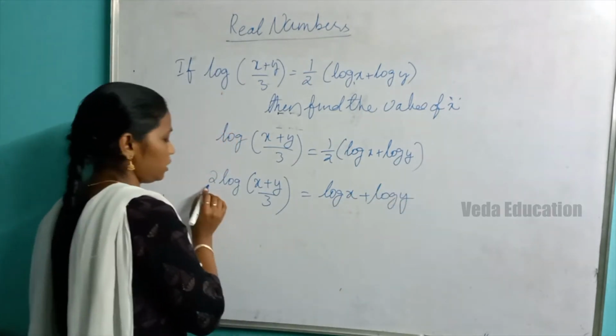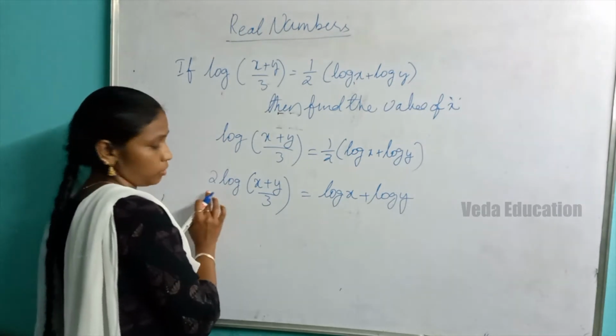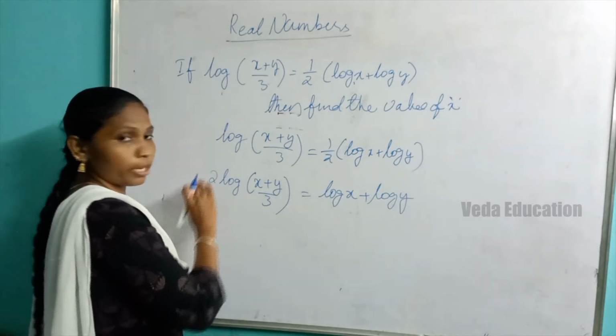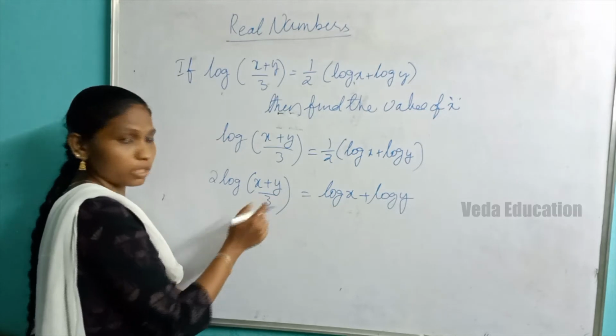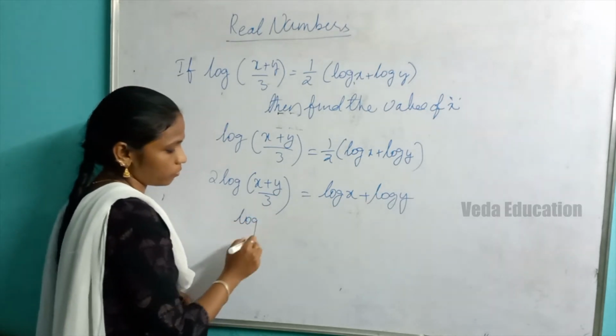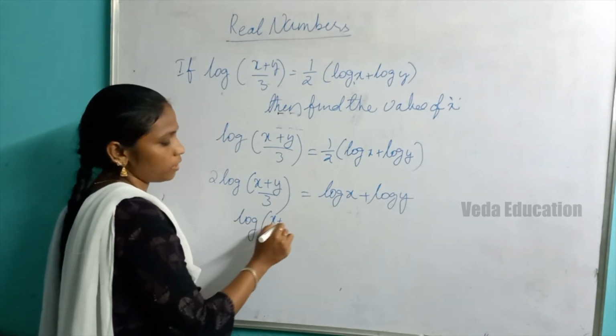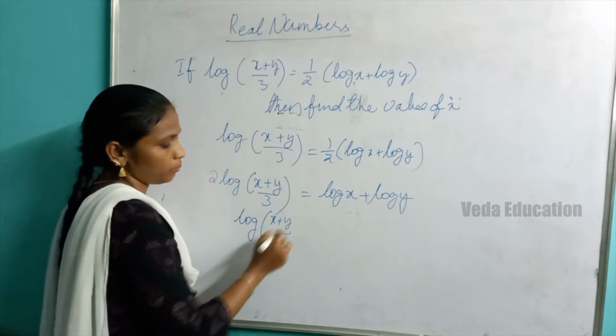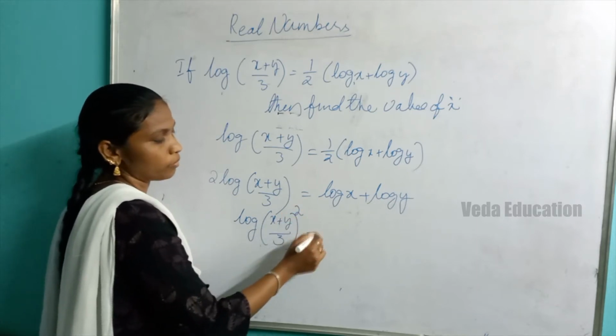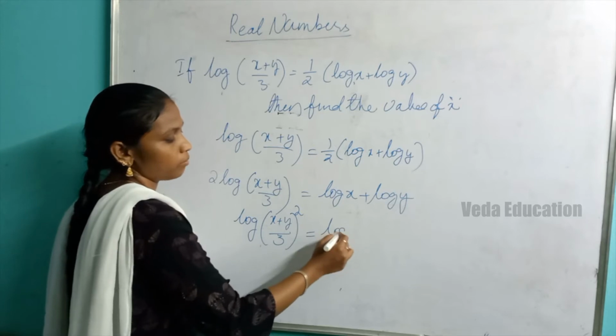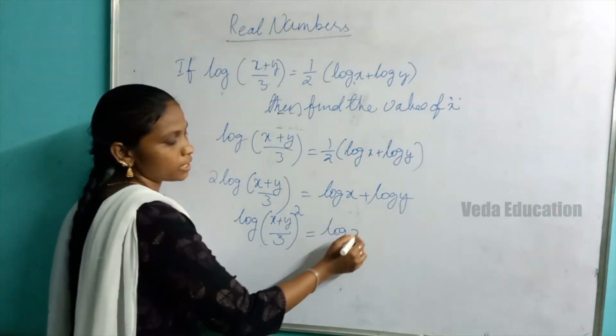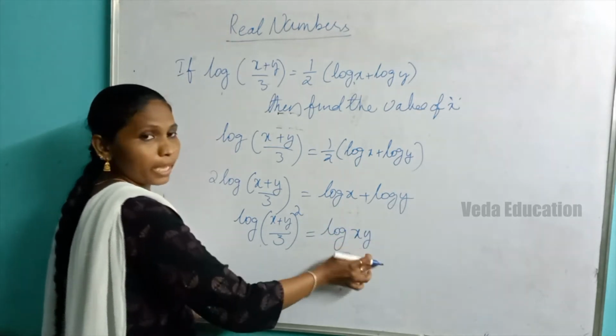Now this is a multiplication number. If any number is multiplying with a logarithm, you can write it as an exponent inside the logarithm. So log of (x plus y) by 3 whole to the power of 2, and these two are connecting, so write in a single logarithmic form log xy.